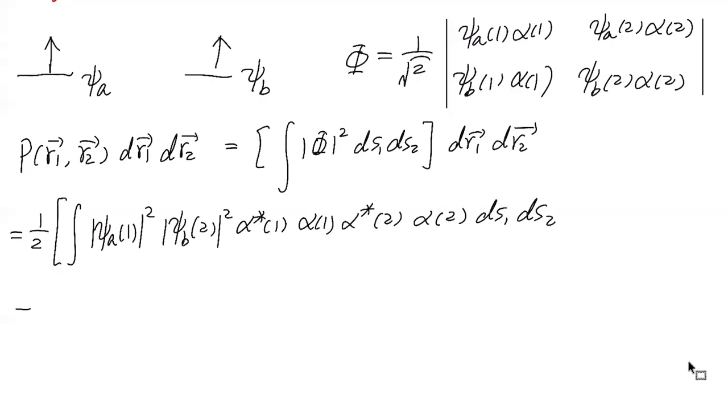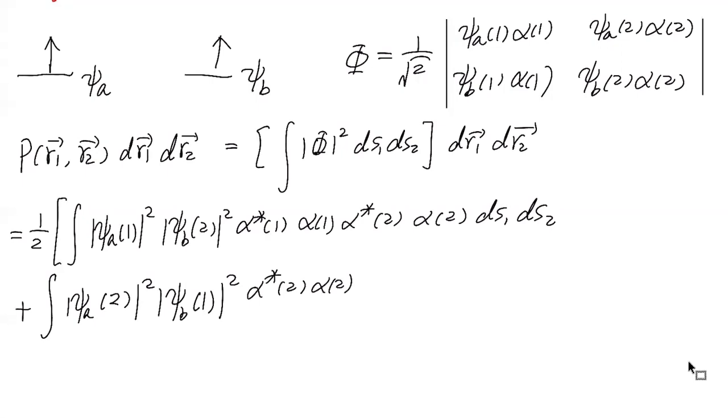That's the first term. The second term is the integral of psi A 2 squared psi B 1 squared, right? You're exchanging the labels here. Alpha star 2, alpha 2, alpha star 1, alpha 1, ds1, ds2.